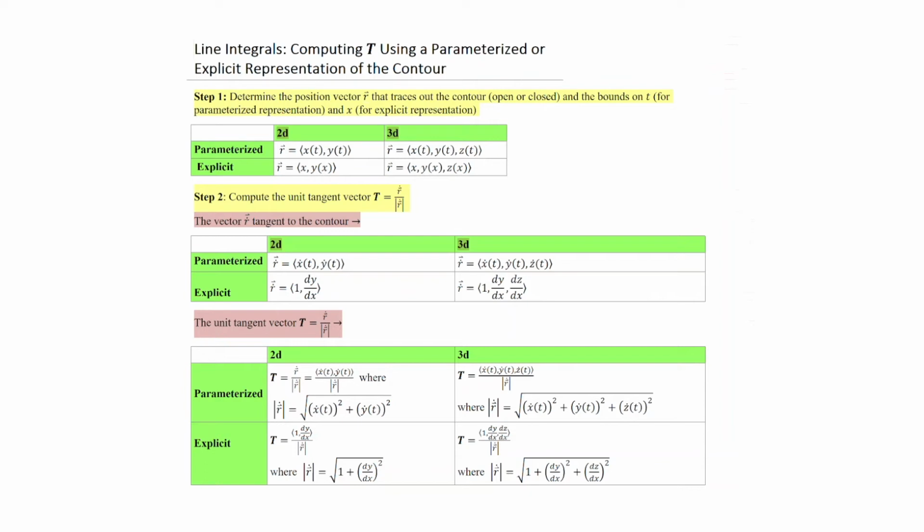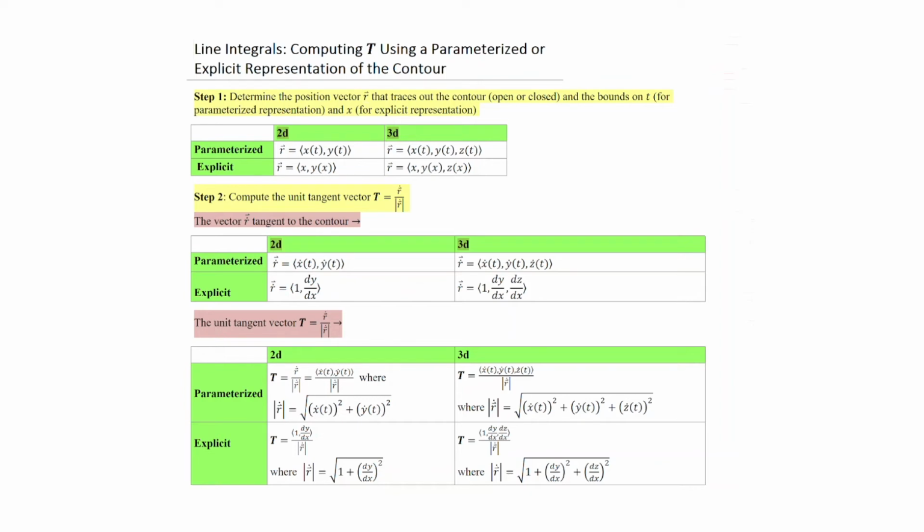That's the only difference. So the next step would be to compute the unit tangent vector, t, which would just be the derivative of the position vector divided by the magnitude of the derivative of the position vector. So the vector r dot t tangent to the contour is just a matter of taking the derivative of the position vector with respect to the variable.